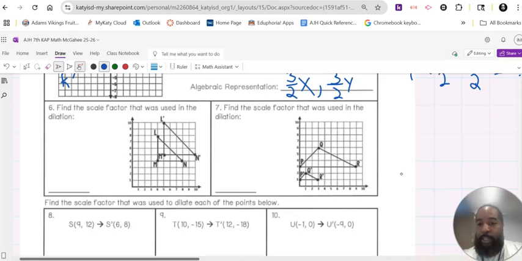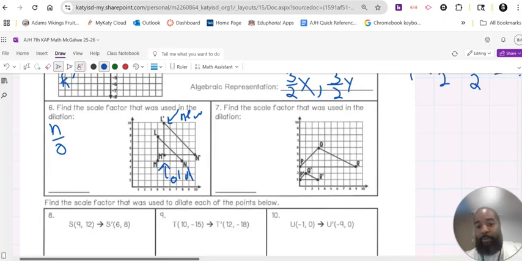So remember, the new is the one with the prime notation, so I'm going to go ahead and label that new, which means that this guy right here is my old. So then how do I go from new to old? Remember, to find scale factor is new over original. What I'm going to do is pick one point to make this work.